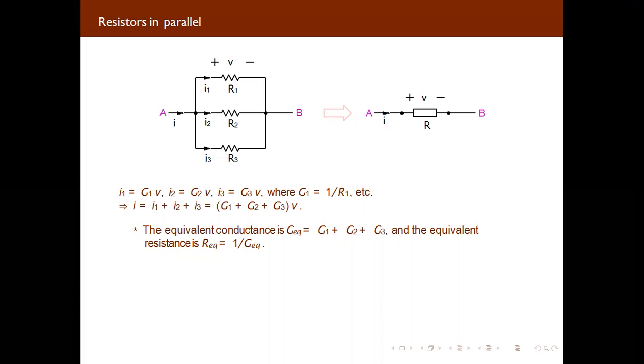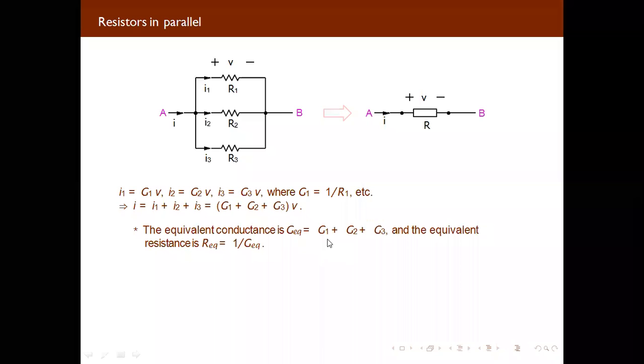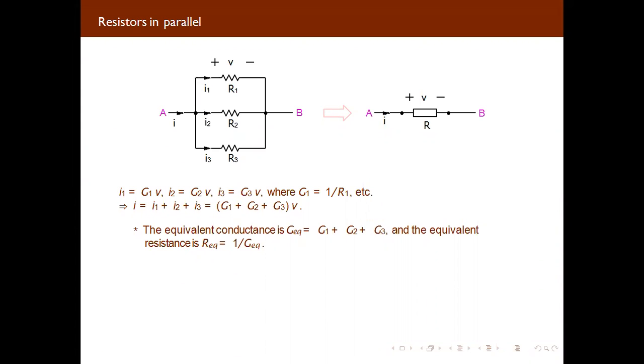And if you are calculating in the form of conductance, you can say G equivalent equal to G1 plus G2 plus G3. And accordingly, you can solve for resistance, that will be the reciprocal of that G equivalent, the conductance.